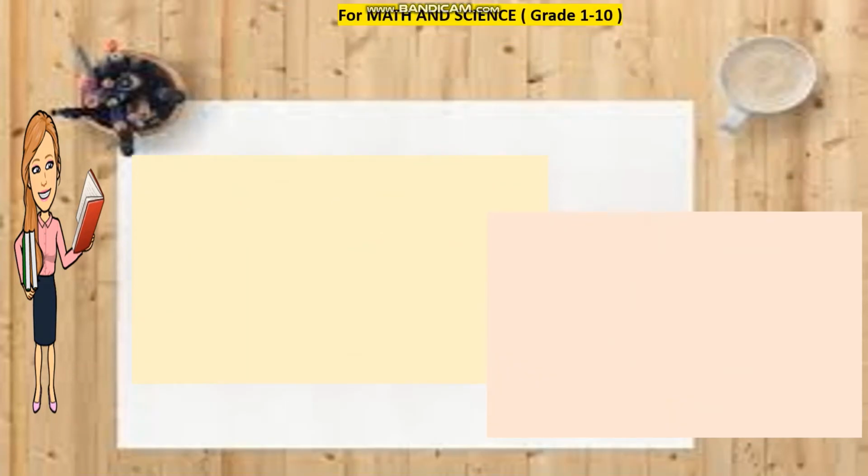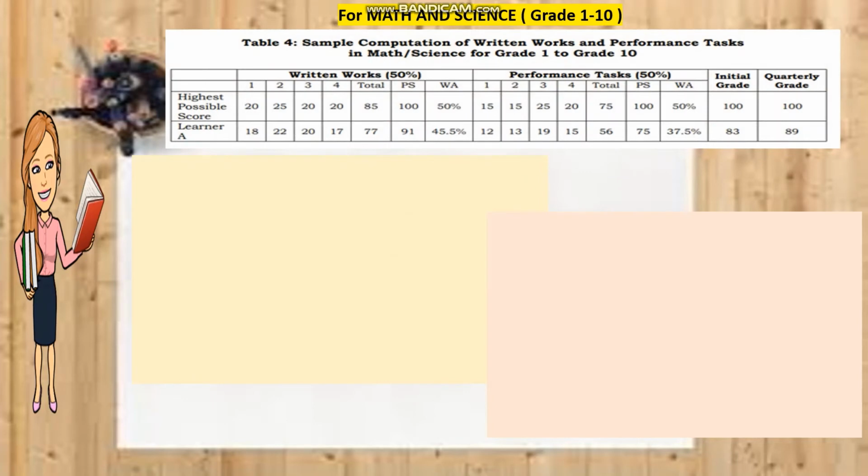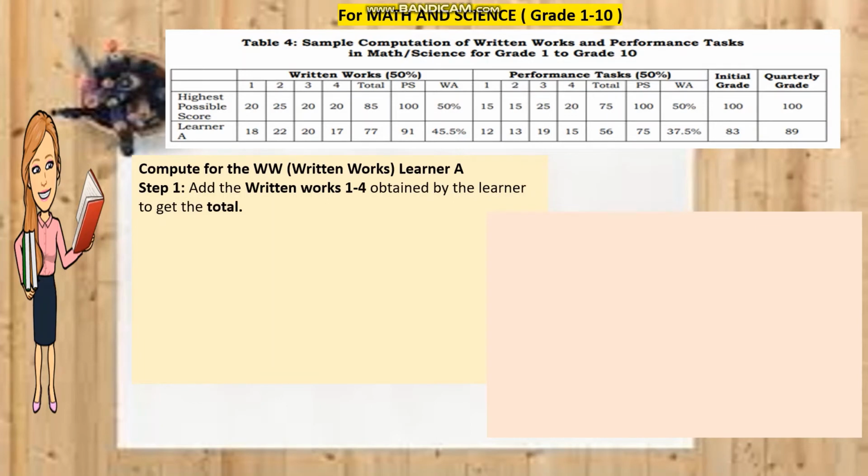For math and sciences, for grades 1 to 10, table 4, sample computation of written works and performance tasks in math and science. Compute for the written works of learner A. Step 1. Add the written works 1 to 4 obtained by the learner to get the total. Step 2.